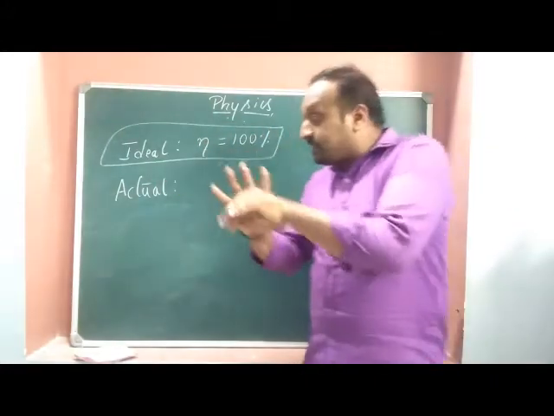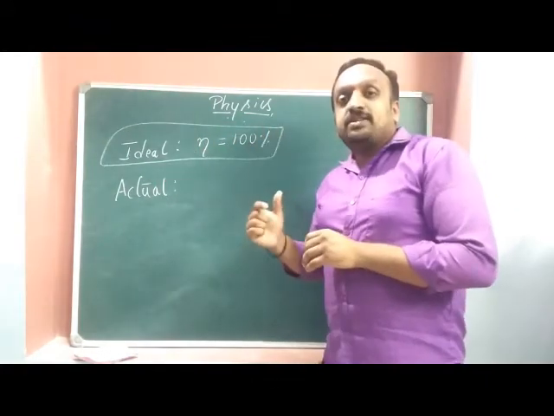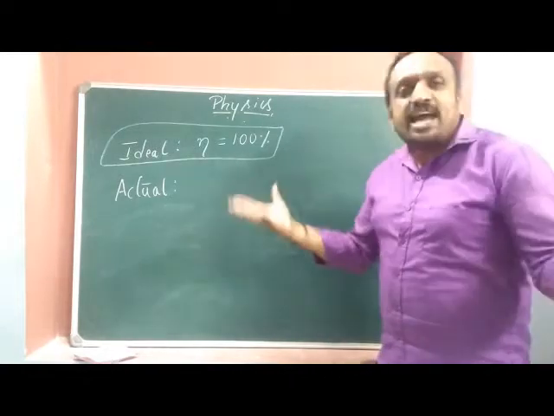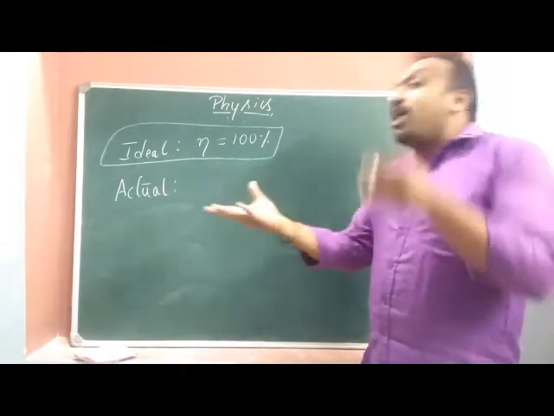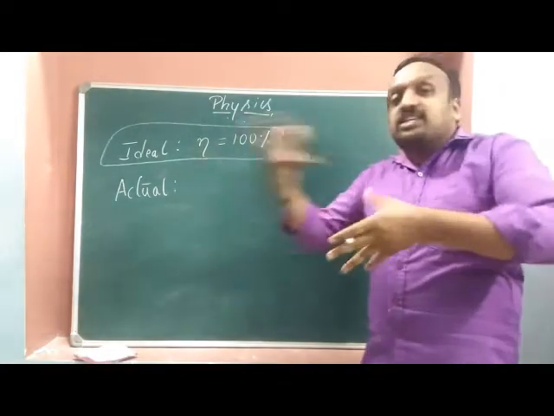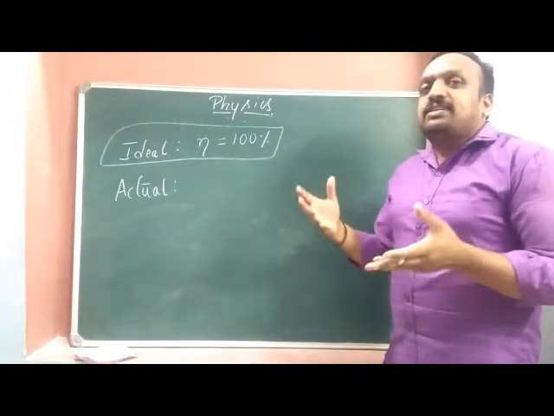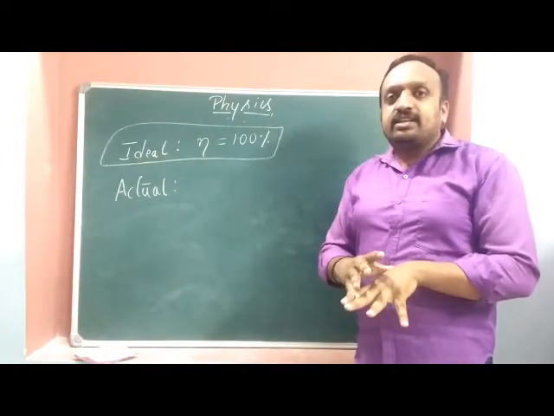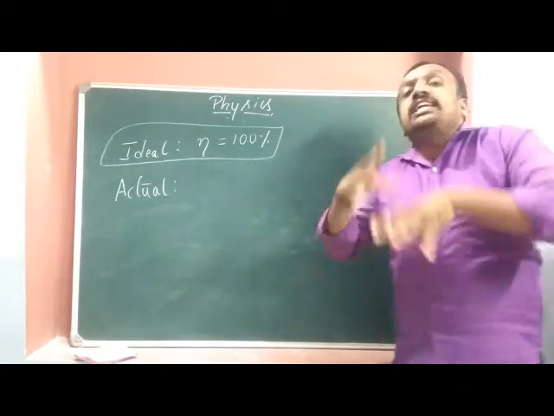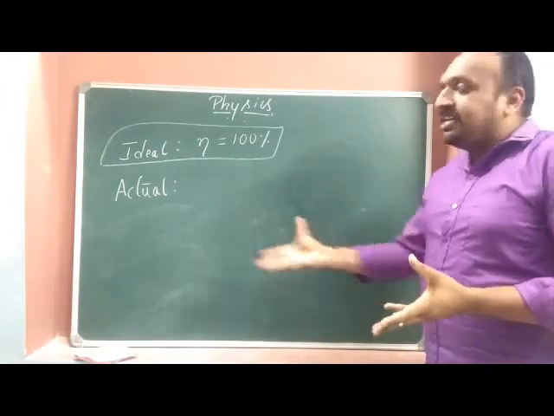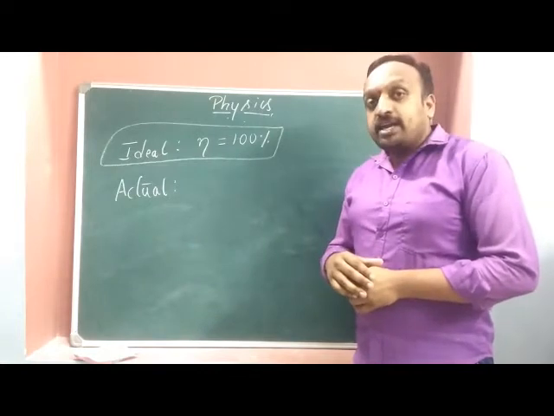See here, I said an efficiency of 100%, means we will be very happy, right? However much effort we are putting in, that much work we are getting back. But in practice, in reality, it is not possible. Why?